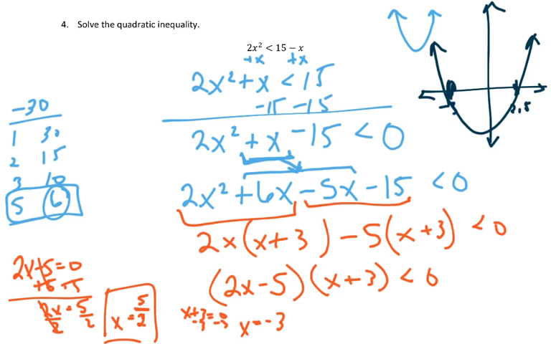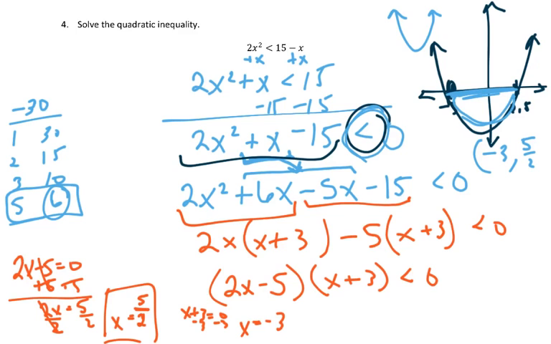And we're looking for when this quadratic is less than 0. So that's going to be between negative 3 and 5 halves. It's not going to include those values because of the inequality sign, and that is our interval.